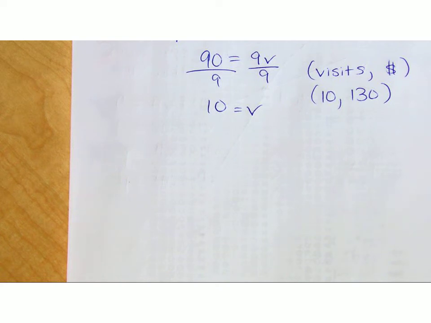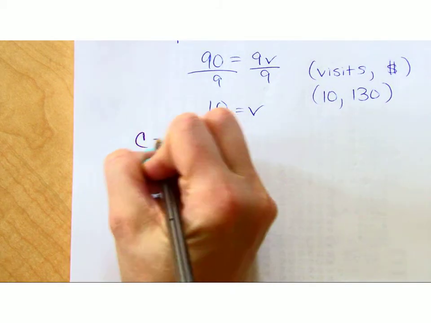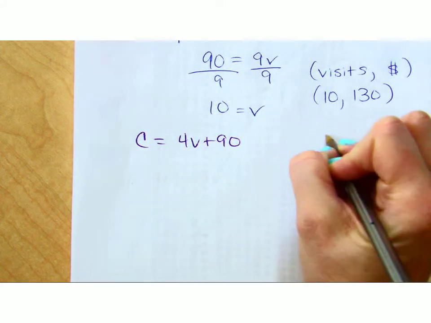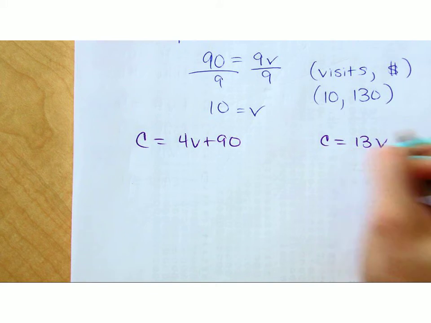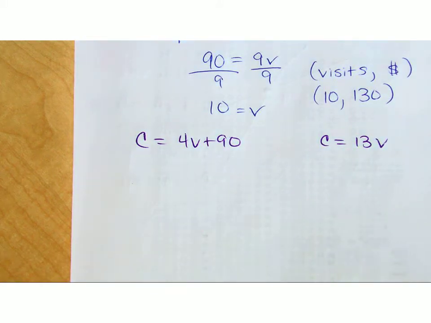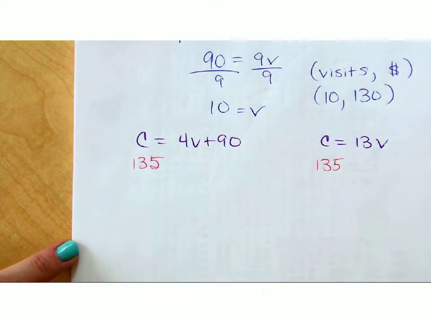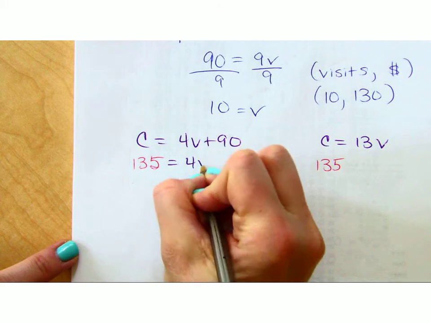And guess what? You don't know until you plug it in. So watch. C equals 4V plus 90. C equals 13V. So if I put 135 in for C and solve, as a kid, you know what you're thinking?